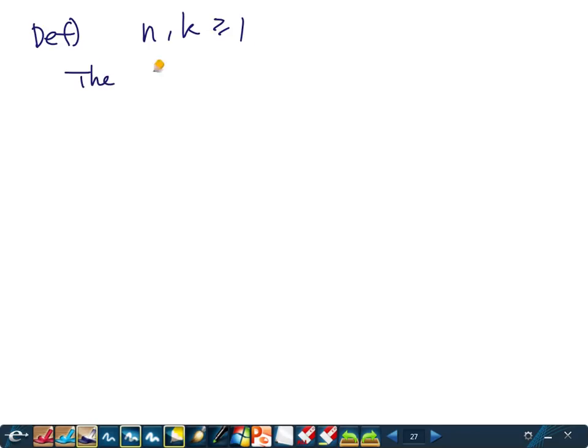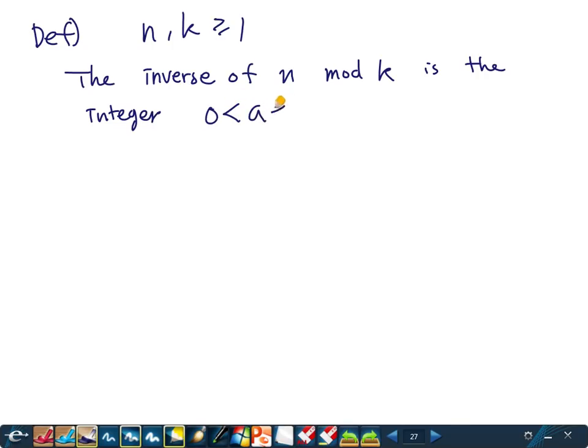Then the inverse of n mod k, not just the inverse of n, but we consider mod k, is the integer a which is in this range, greater than 0, less than k, with this relation: a times n mod k equals 1. This is the definition.